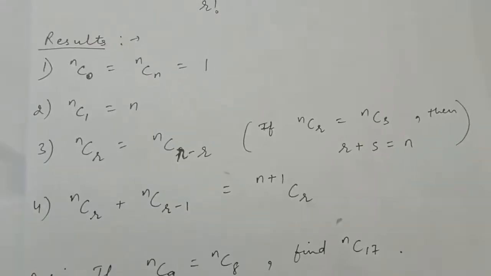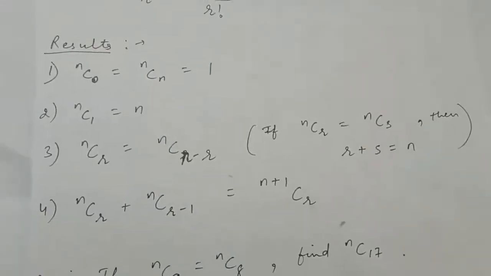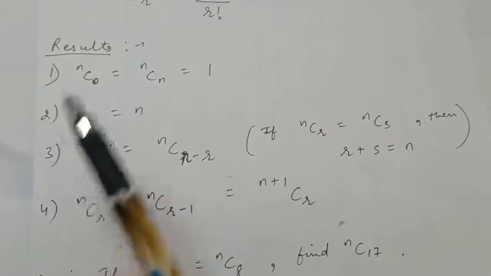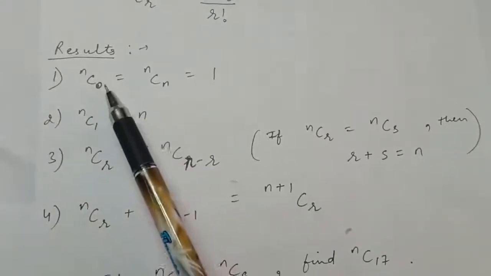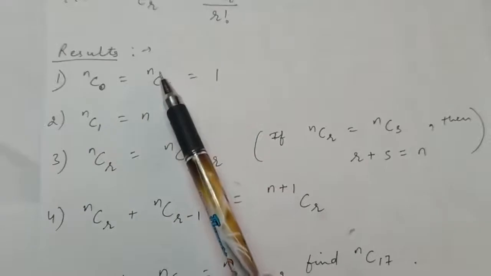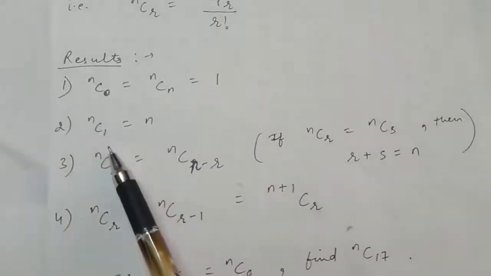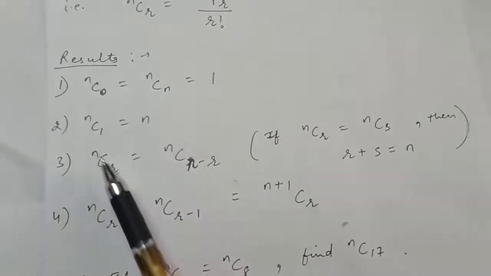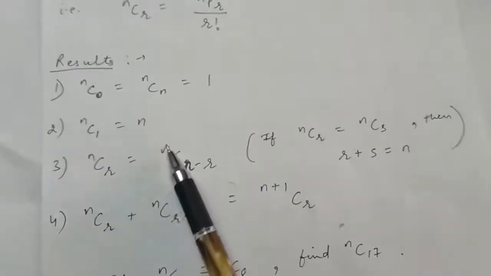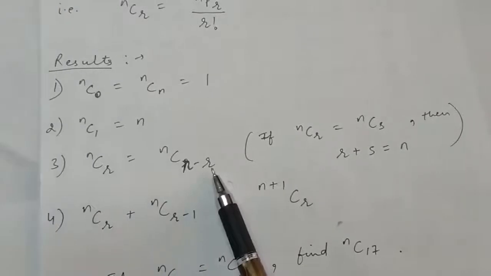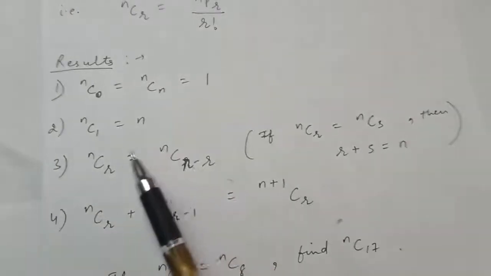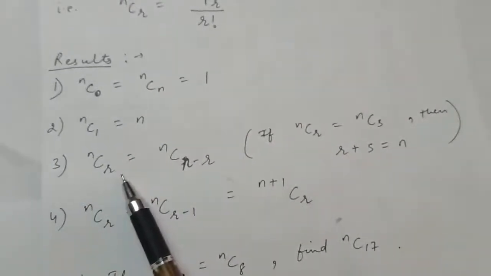Now there are some results. Proofs of these results I have already discussed in chapter 8, so we will not discuss them again. The first result is that nC0 is always 1 and nCn is also always 1. nC1 is n. nCR is equal to nC(n minus R), right? This also you have studied in chapter 8.